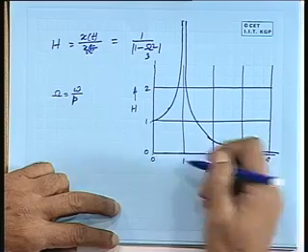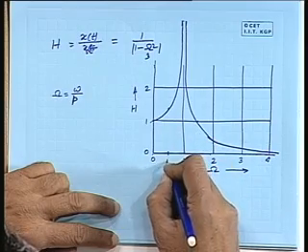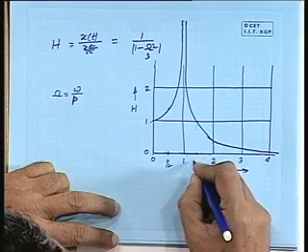Now, before going further, let me go back to the same diagram. Here I had taken 3 values, one at omega equal to half, and one here at root 2.